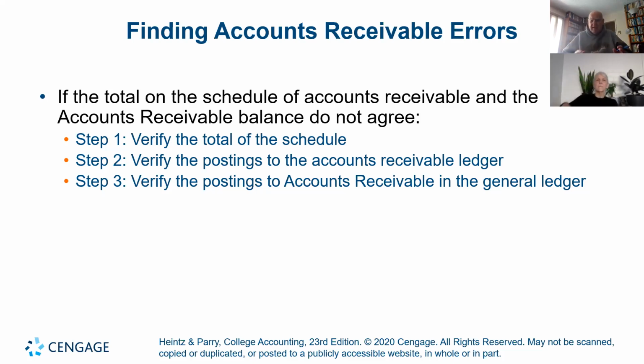The reason I bring that up is that if you see a mistake, it could very possibly be a transposition error. So if you divide the difference that you're looking for by 9 and it comes out even, that's a pretty good clue that you just swapped one number against another. Now, in this modern world of QuickBooks and other programs, you will never have the problem of putting in an unbalanced item.